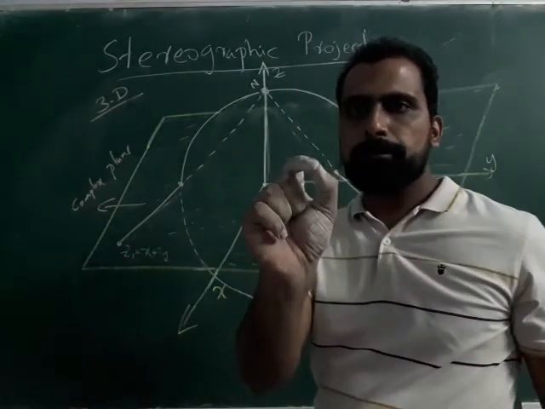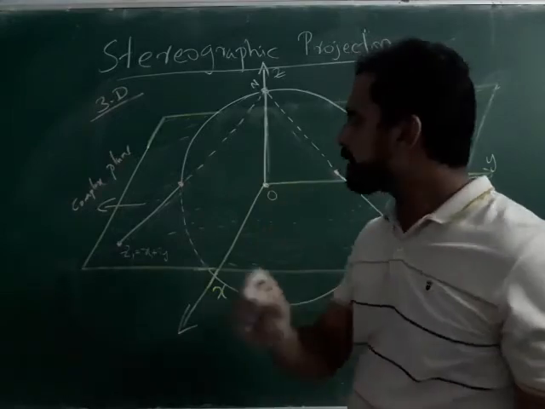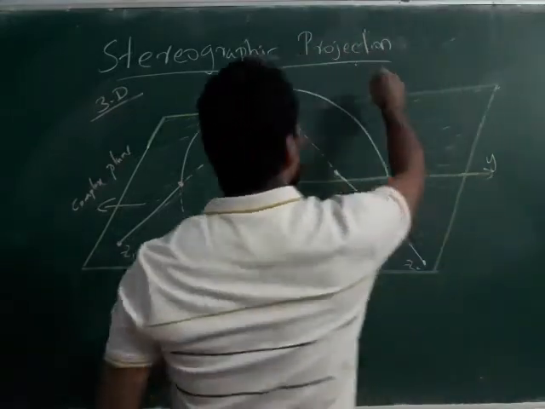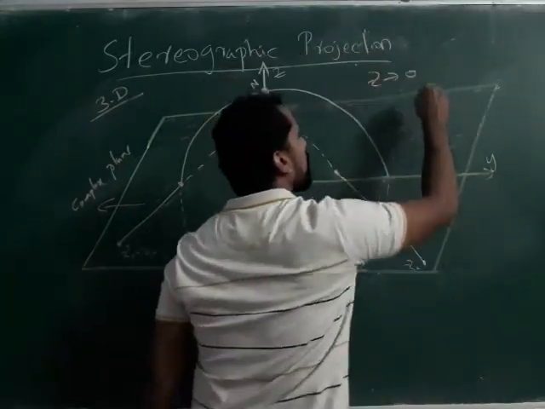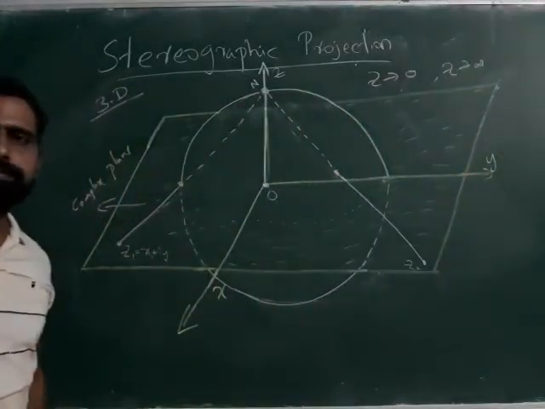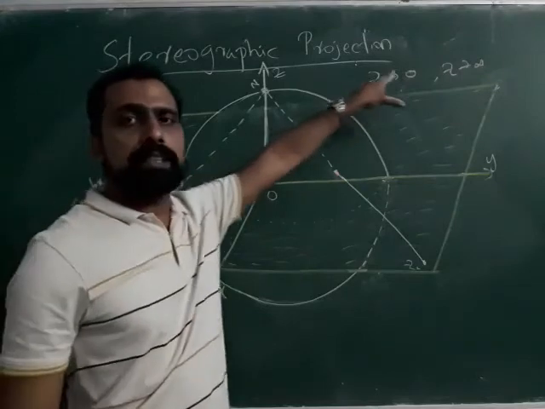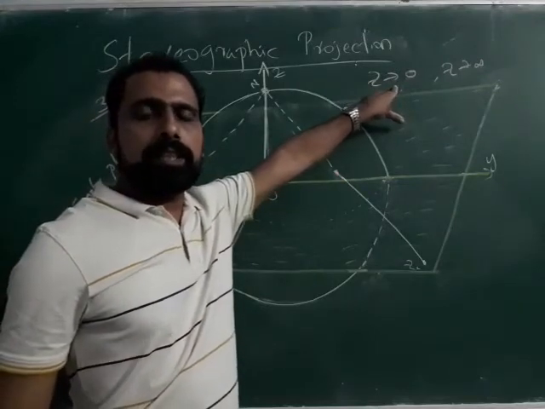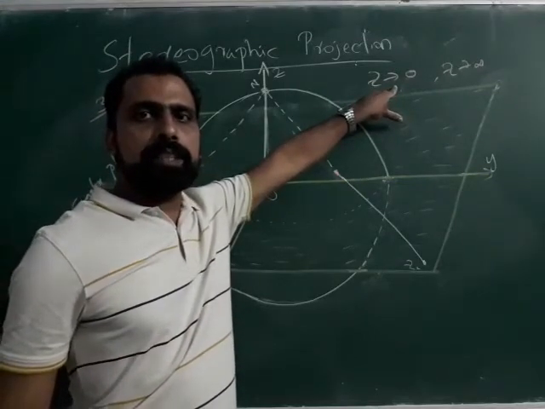And what is our issue? The issue was z tending to 0 and z tending to infinity. First we will take z tending to 0. Then what about z tending to 0?